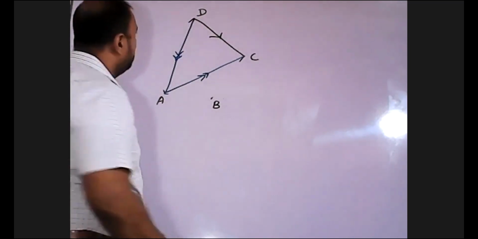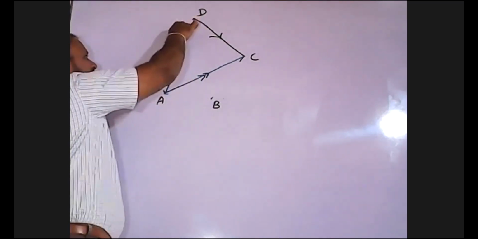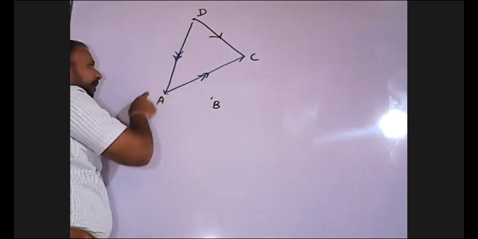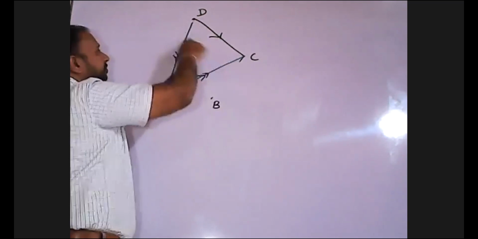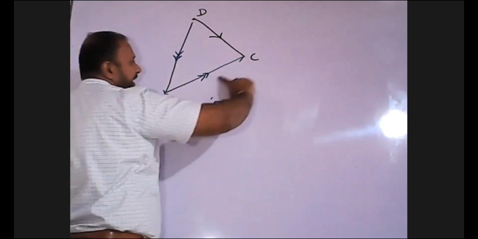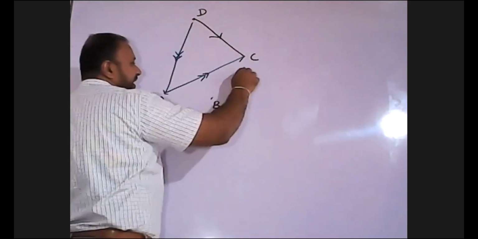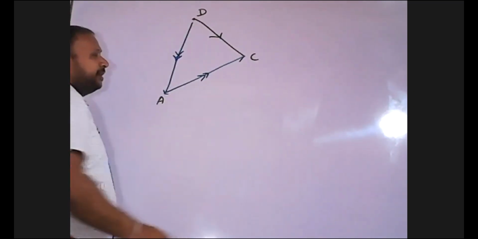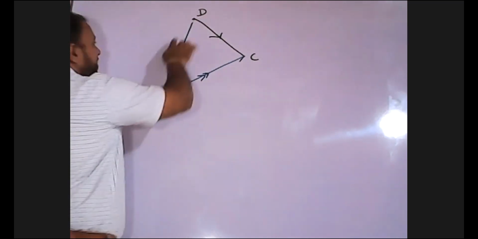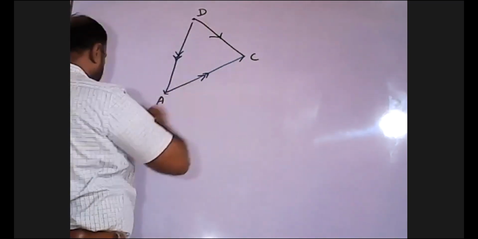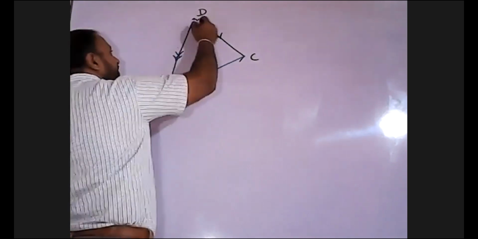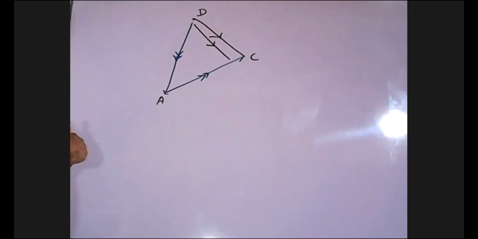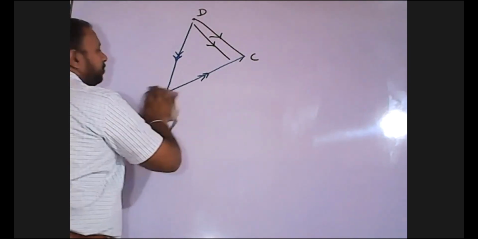Look at this. EA and AC are in the same order. Therefore, if I add EA and AC, it should be DC. Therefore, I can remove EA and AC.